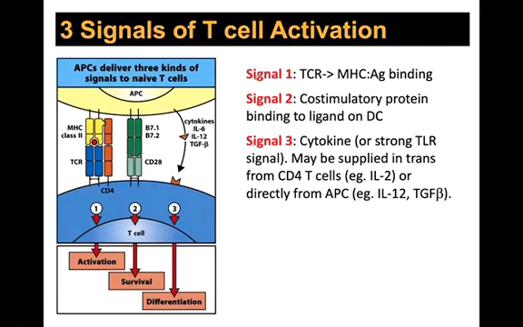Okay, so remember, we have this 3-signal paradigm of T cell activation. There's an antigen-specific signal, which is the TCR, and that is just recognizing, is this a foreign antigen? So that involves the T cell receptor and the co-receptor, CD4 or CD8. There's a co-stimulatory signal.